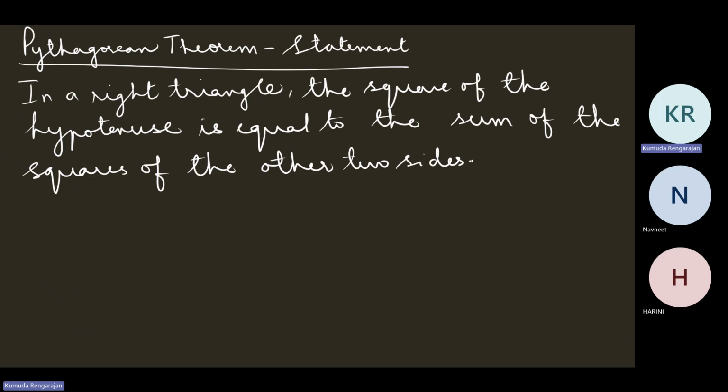In a right triangle, the square of the hypotenuse is equal to the sum of the squares of the other two sides. This is clear, right? The statement? Yes, ma'am.